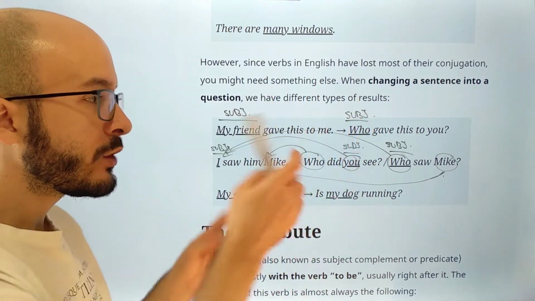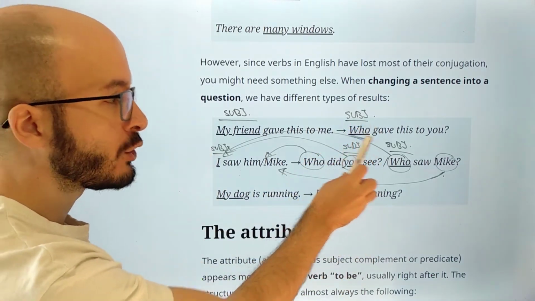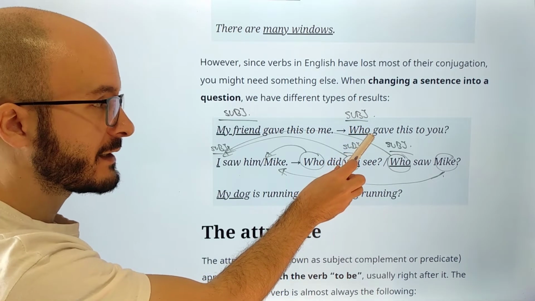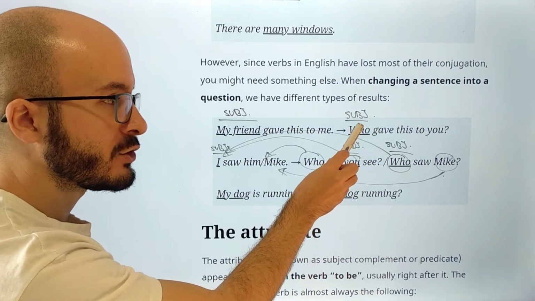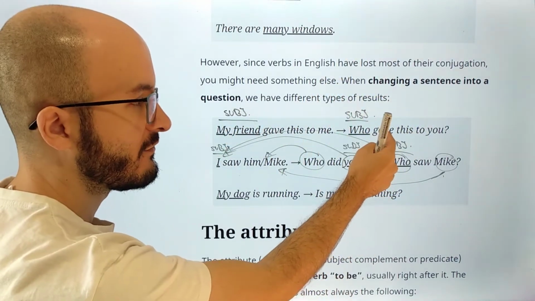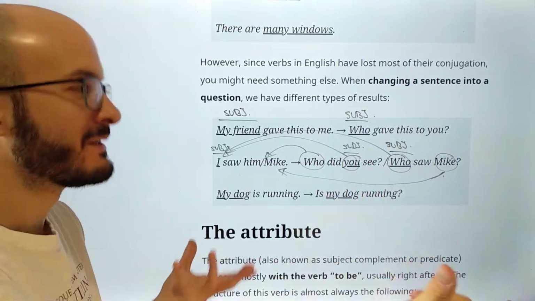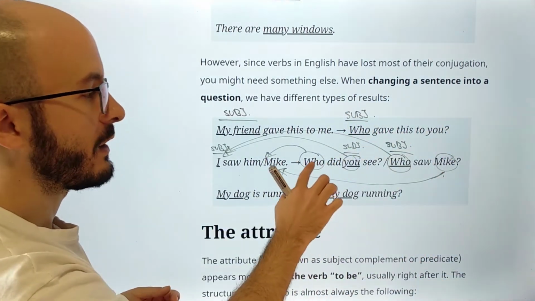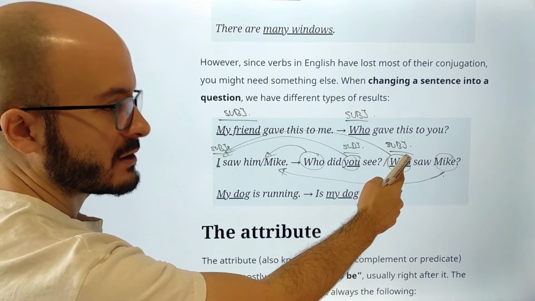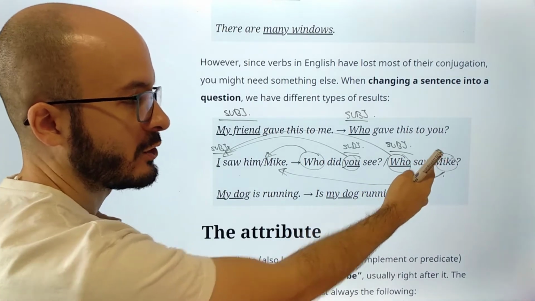And depending on what we are asking about, the order of the pronoun in the question will be different. Now this is important: when we ask about the subject, then the pronoun which refers to the subject is first. And you see that there is no auxiliary verb. It's just directly the main verb. So who gave? We don't say who did give. Who gave this to you? Here we also are asking about the subject. So again, who, first word, the subject, and then saw. We don't say who did see.